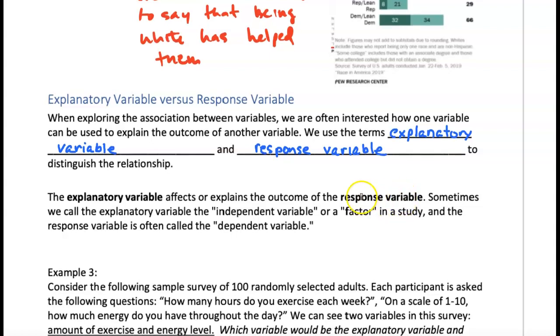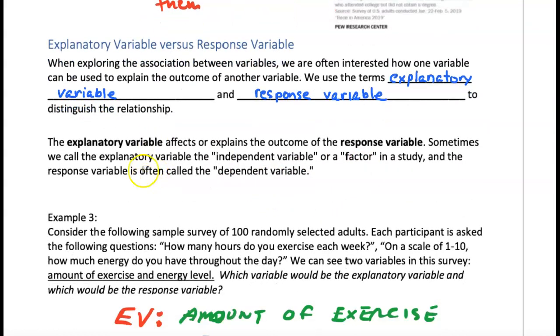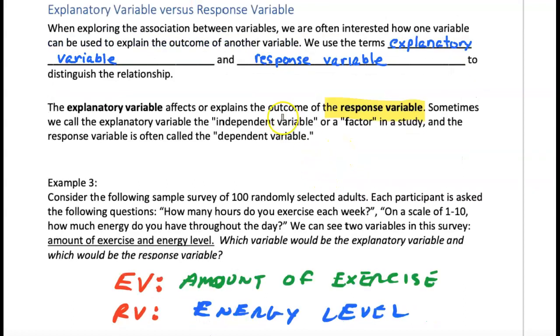What is the relationship? How does the explanatory variable affect or explain the outcome of a response variable? Again, important to pause and think about those terms, right? And look them up even further. We have other names, sometimes called independent variable or factors. And again, that's why it gets confusing in statistics. We use different terms many times.